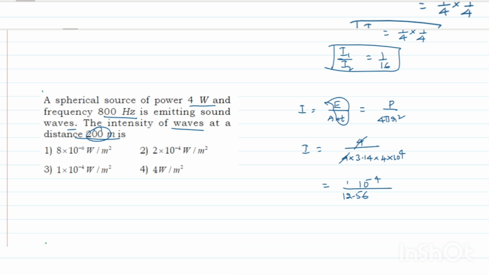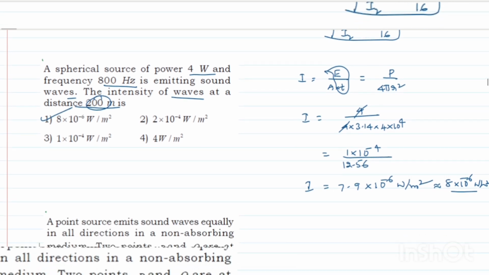When you simplify 1 by 12.56, we get nearly 0.079. So together you can take 7.9 into 10 power minus 6 watt per meter square as the correct answer, which is approximately 8 into 10 power minus 6 watt per meter square. So the first option is the correct answer.